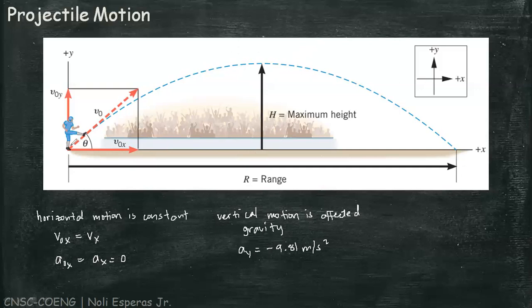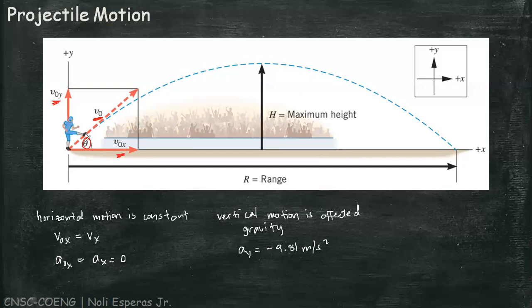At the start of the motion, let's say here in the illustration, the ball is kicked by the player at an angle of theta. So when we have a given theta and initial velocity, we can solve for the initial velocity in the y component and also the x component.